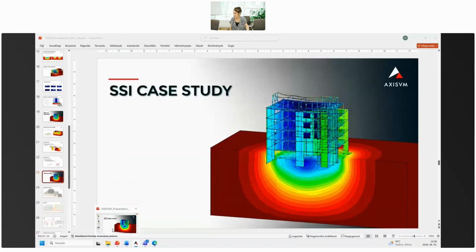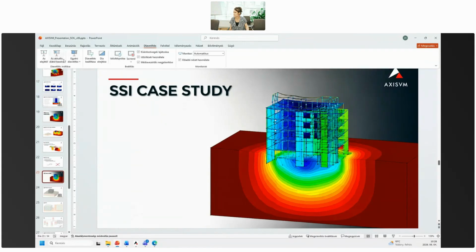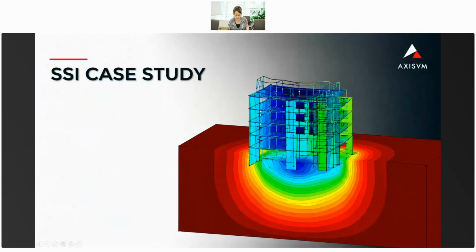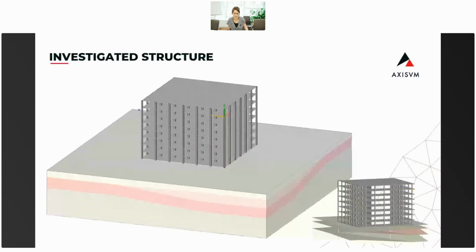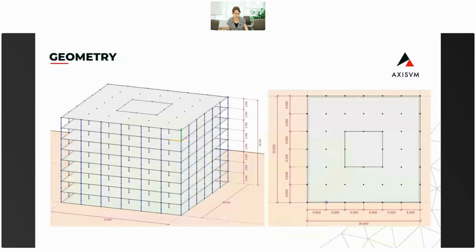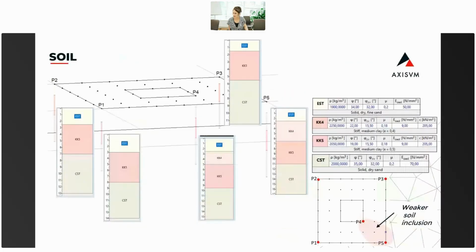Now let's switch back to the slides. Here we can see again the investigated building, the geometry of the building. And let me stop for a moment at this slide, because I would like to show again the layers of the soil. I have applied two sandy soil layers, which are stiffer layers, and I have applied two clay layers, which are softer layers.